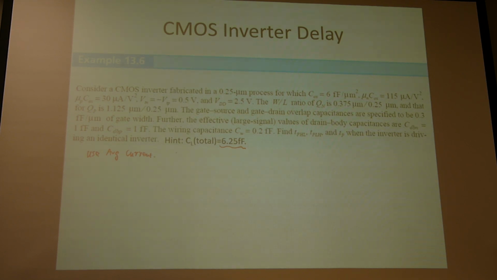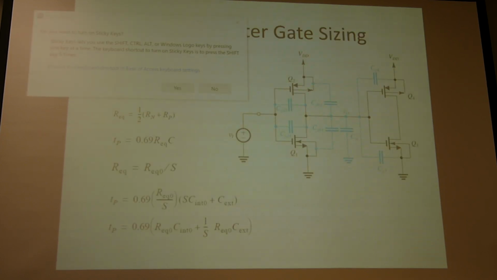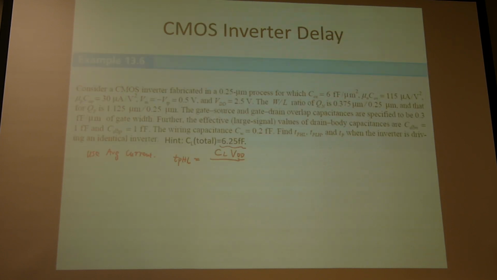So the average current, of course, you will write down the equation for the tPHL from average current. That is C_L, and then VDD, and half, over I average.